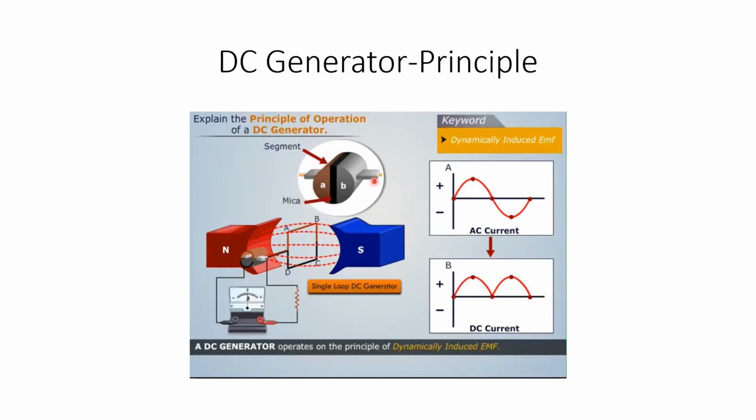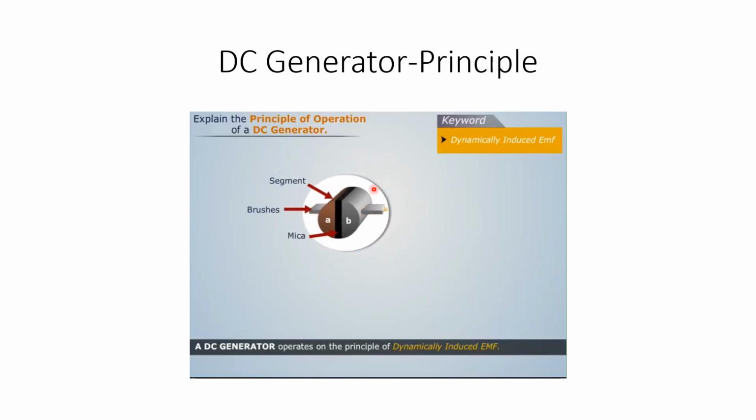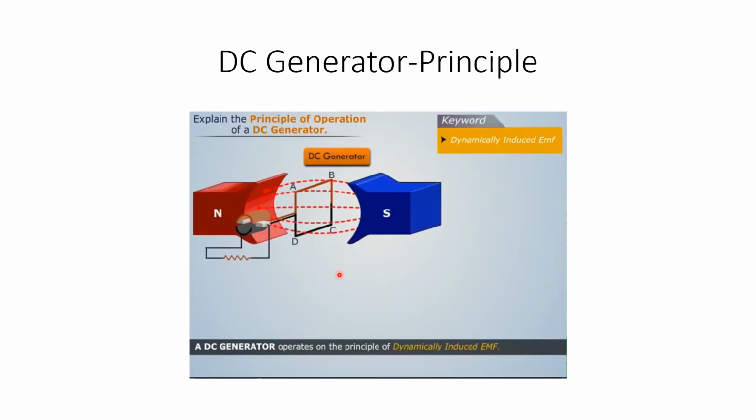Now we will see how the commutator converts AC current to DC current.